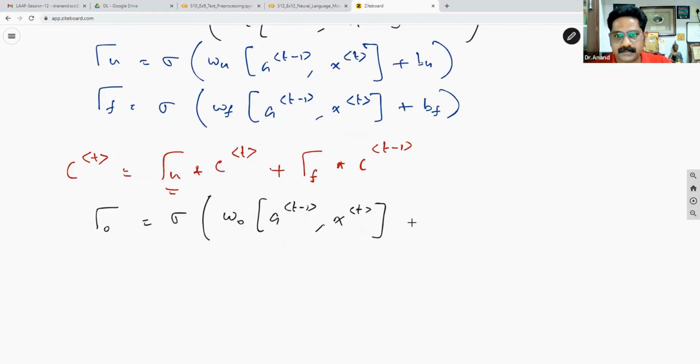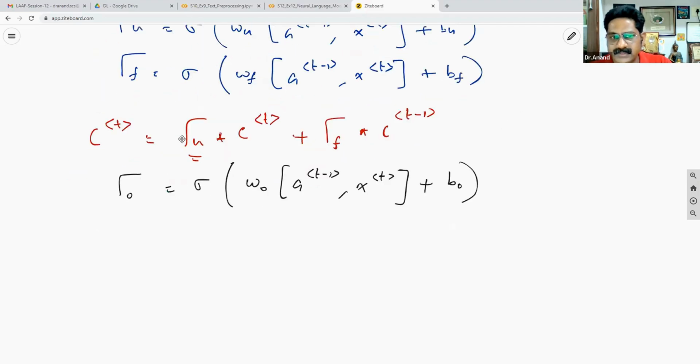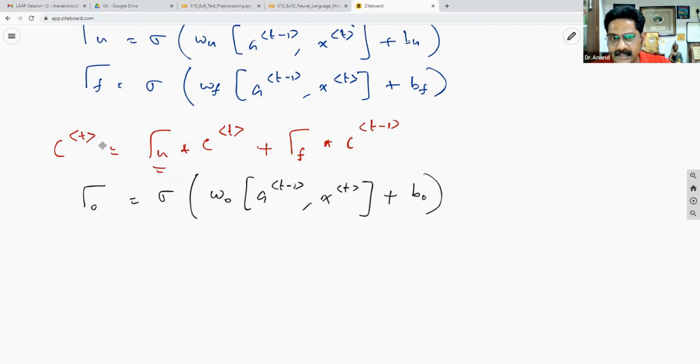Plus the bias representing this output gate, B suffix O. So now you'll be wondering where this is being used. You understand how tau U and tau F are used. Can you notice that tau U and tau F are used to update CT?